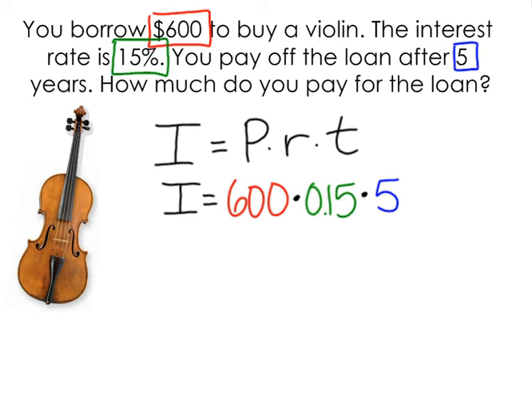Okay, everything's on the same side of the equation here, so I can go ahead and start multiplying. Kind of like before, I'm going to do 600 times 5 first, just because it's a little easier to do the whole numbers first. That's going to give me 3,000, and then I can multiply 3,000 by 15%.